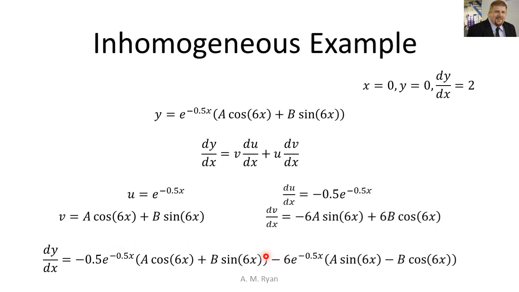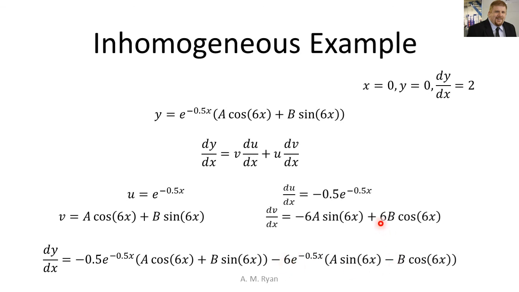So that's my v du dx, plus I've taken a minus 6 out, so the plus becomes minus, times e to the minus 0.5x, which is there, so that's my u, with a little bit of my dv dx.